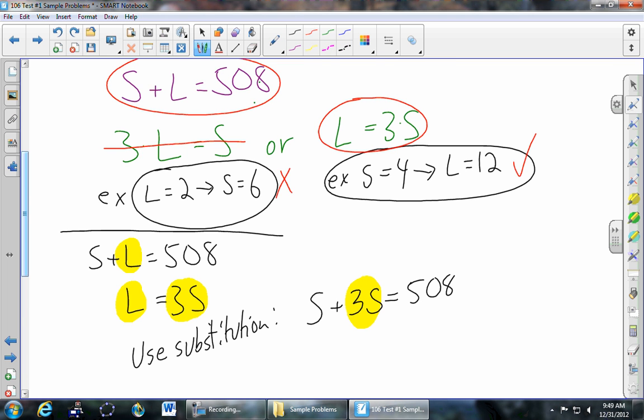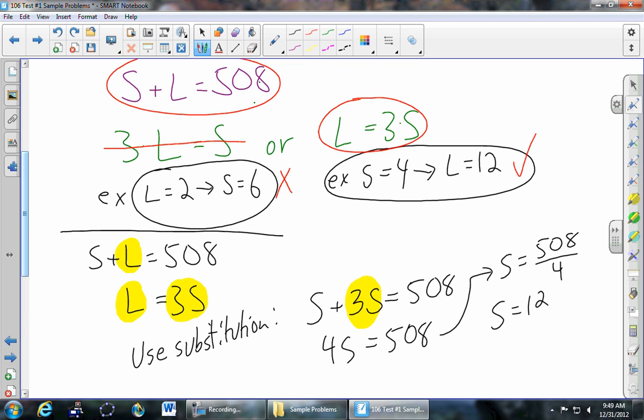Okay, almost done. Add the S's, we get 4S is 508. Divide both sides by 4, and hope it goes in evenly. Let's see, 1, 2, 7. So 127 small cups. And then to find the number of large cups, we'll go back to the equation that had L by itself.